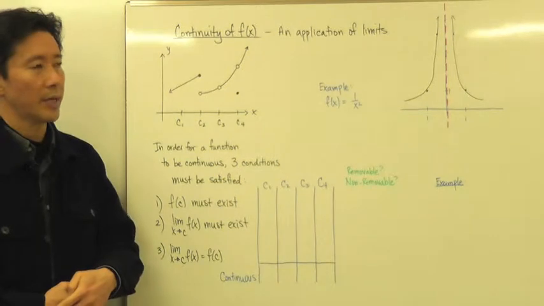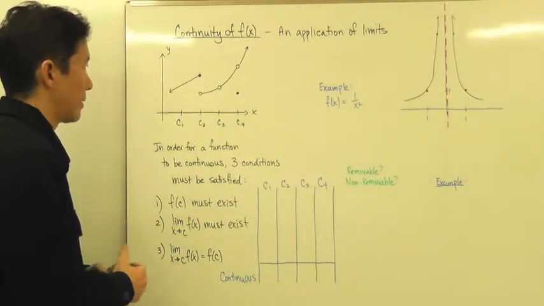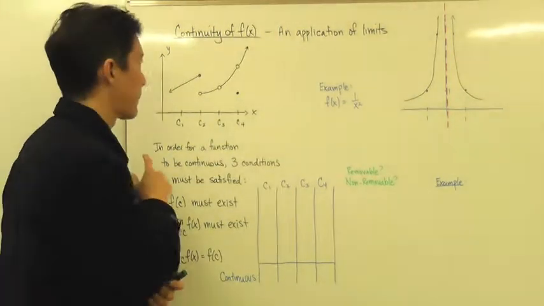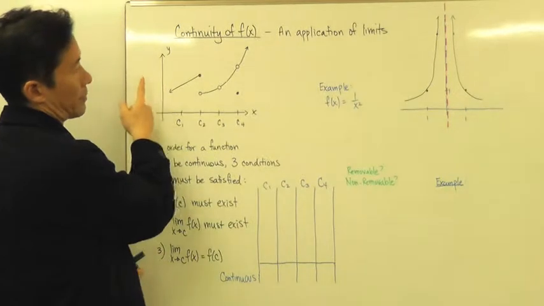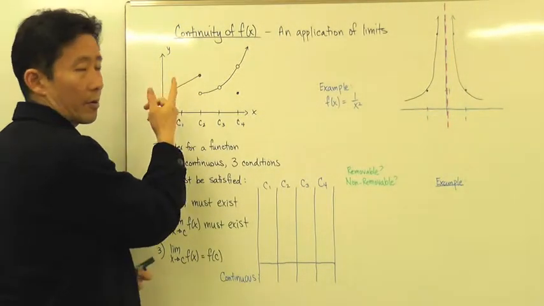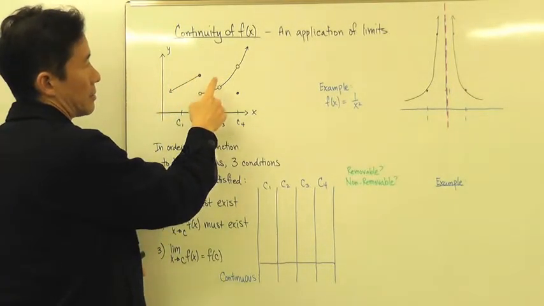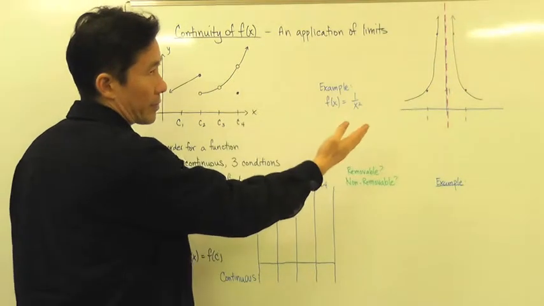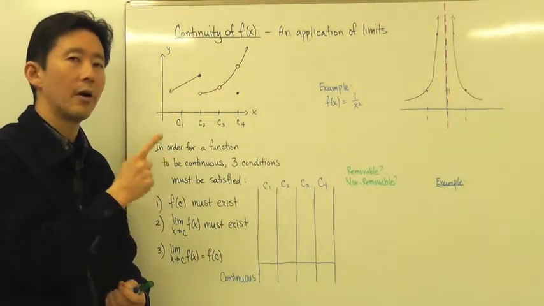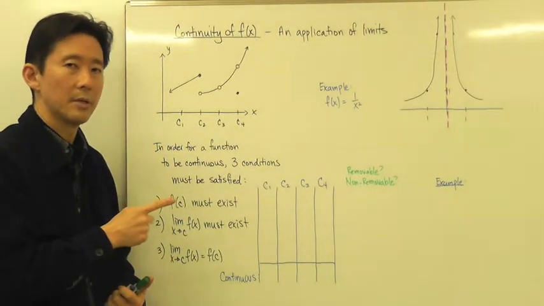Now, in order for us to determine that from a very qualitative standpoint, your teacher probably said something along these lines. If you start from this side and trace the function with your finger or your pen, going all the way from left to right without having to lift your pen or your finger off of the paper, then the function was continuous.